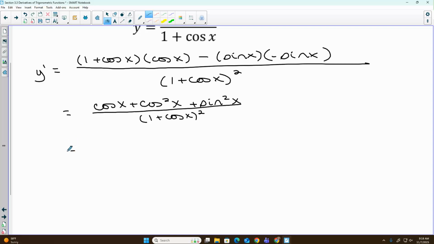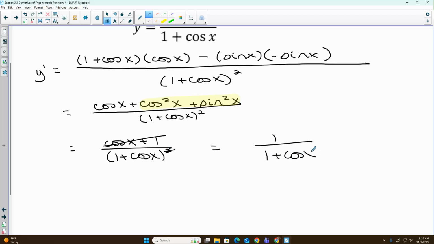Do you notice anything on the top? Cosine squared x and sine squared x equals 1. We have cosine x plus 1 over 1 plus cosine x squared. Cosine x plus 1 is the same as 1 plus cosine x, so I can cancel one of those. Just get 1 over 1 plus cosine x.